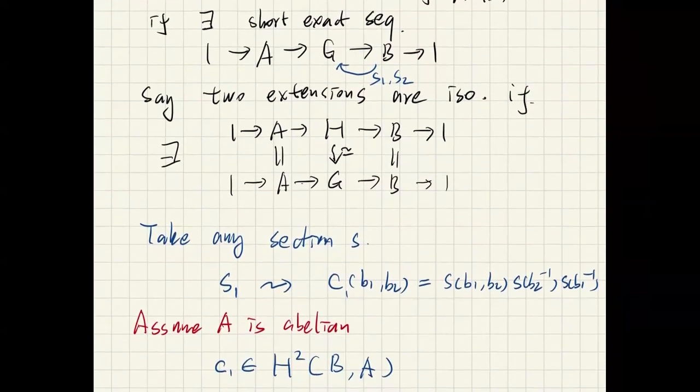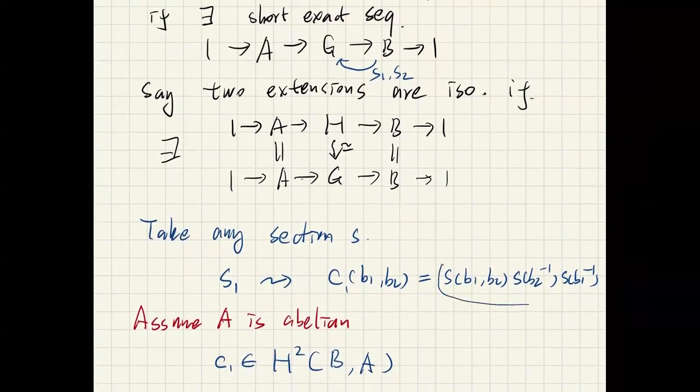By the way, this is actually an element inside G, but if you project it to B, which I call P, then it is trivial. So this means that this element can be viewed as an element in A.